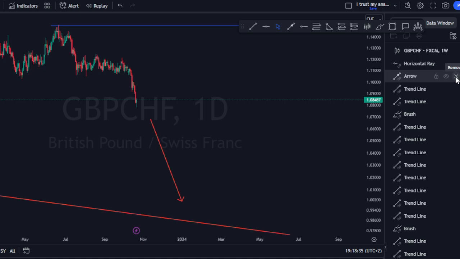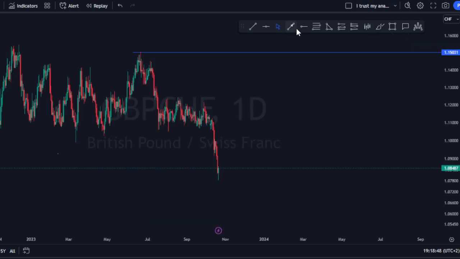Okay, all right. From this high, ladies and gentlemen, as you can see, price did push down aggressively. And the patterns I always talk about is something like this. This is what I am talking about, this line, joining those two highs.